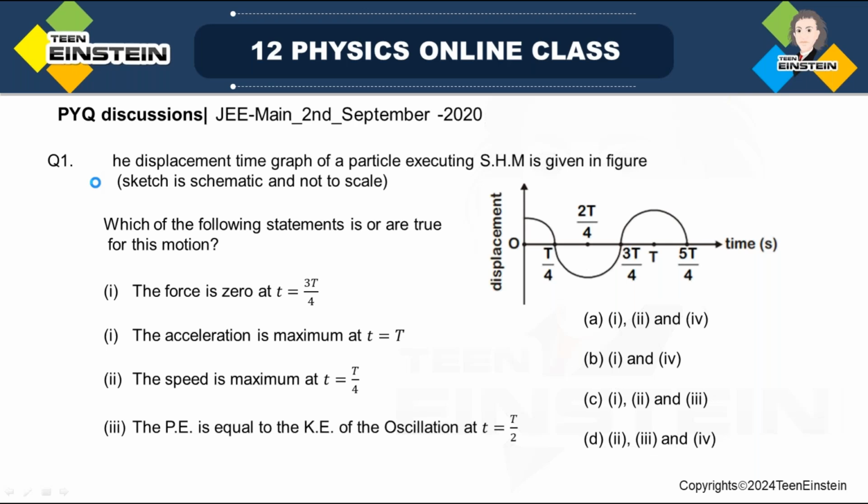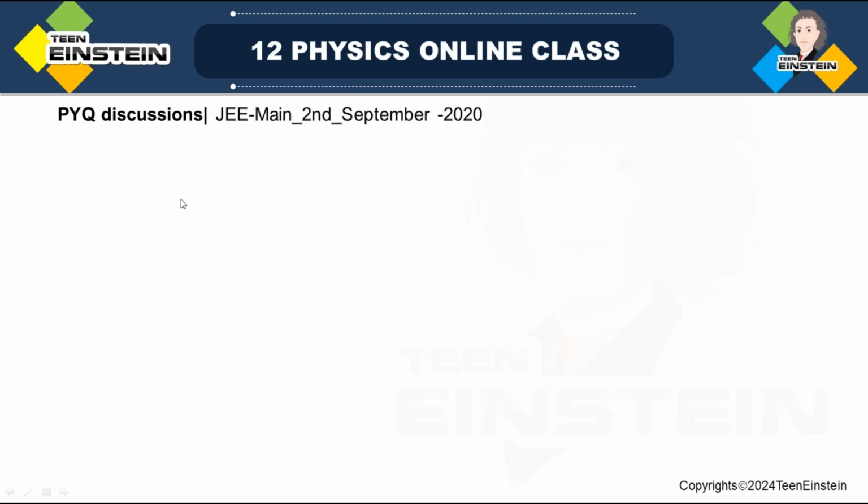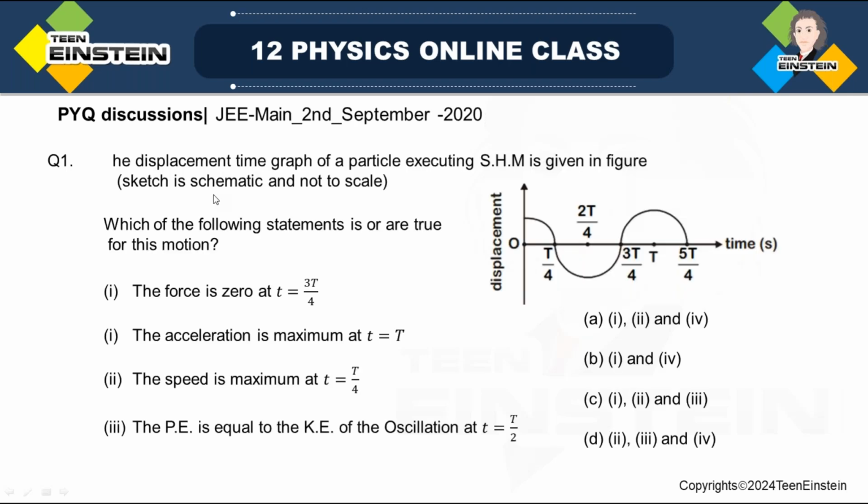So the question says, the displacement time graph of a particle executing SHM is given in the figure. T is missing here. The displacement time graph, you see this figure here, this is the displacement time graph.